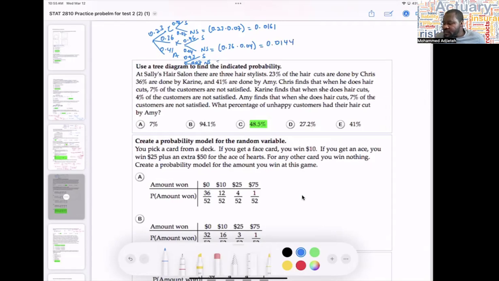And then the same thing here. You're not satisfied given that your hair was done by Amy is 0.41 times 0.07, and that should give you 0.0287.